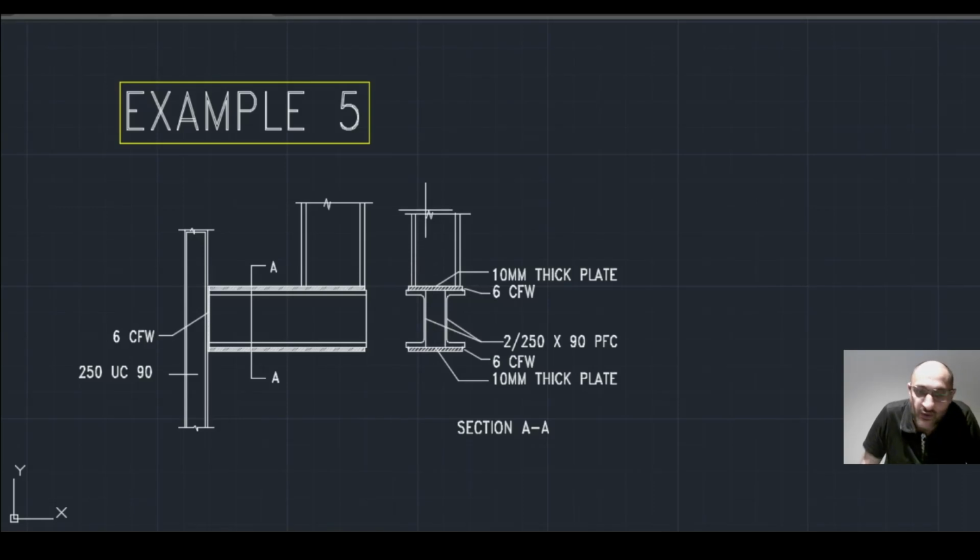In this case, we had a beam height restriction, so we couldn't utilize any bulkhead underneath, and one PFC couldn't carry the load. So by creating this built-up section, we were able to slightly increase the second moment of area of the unified section, as well as provide a better stable support system.